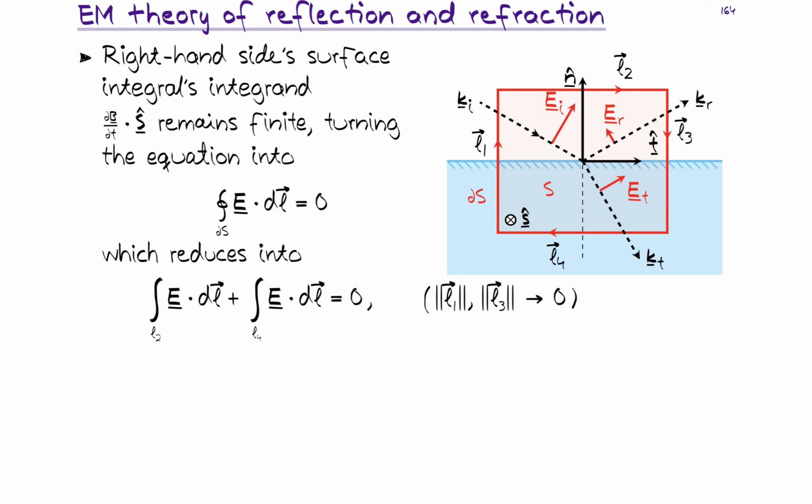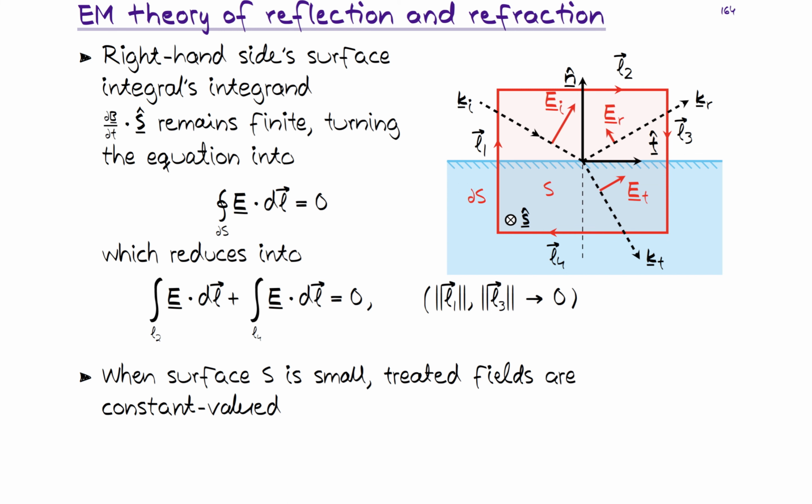This takes place when L1 and L3 tend to 0, and now the surface area S is small. Please recall that the limiting value should also be 0 in the limiting case. And this implies that the fields we consider are also constant valued in the plane and in the locations of interest.